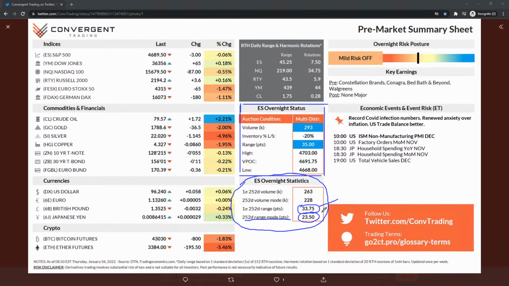Anything above here goes into 2 sigma. And the occurrence of 2 sigma is about 2.25% to each side. So out of 252 days, the chances that it gets above 33.75 on a normal distribution on any of those 252 days historically is about 2.25%.